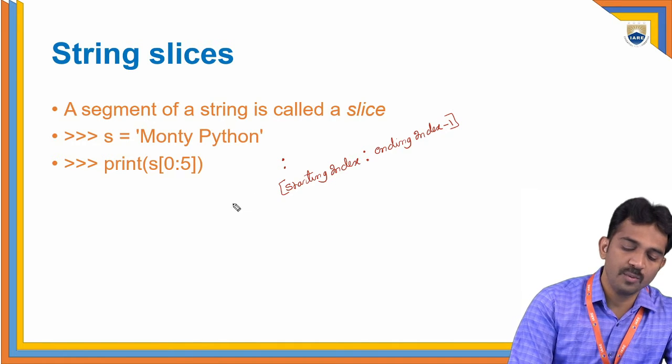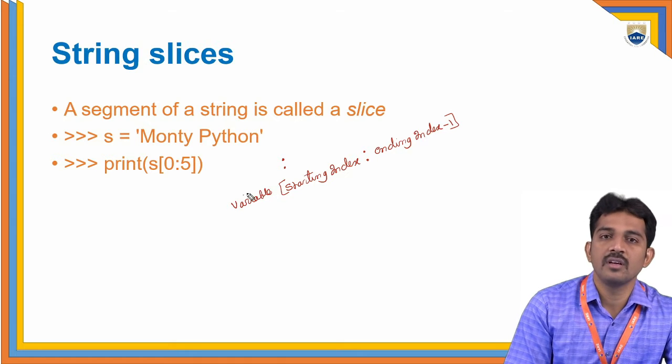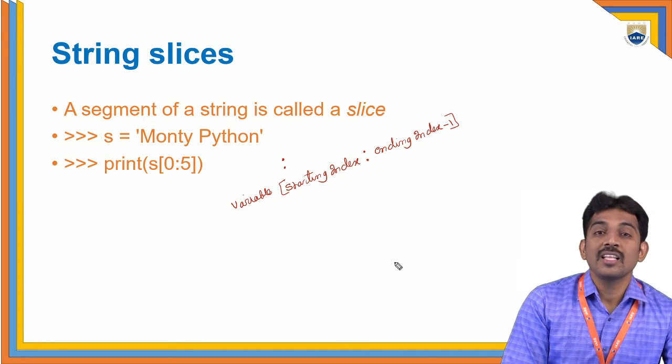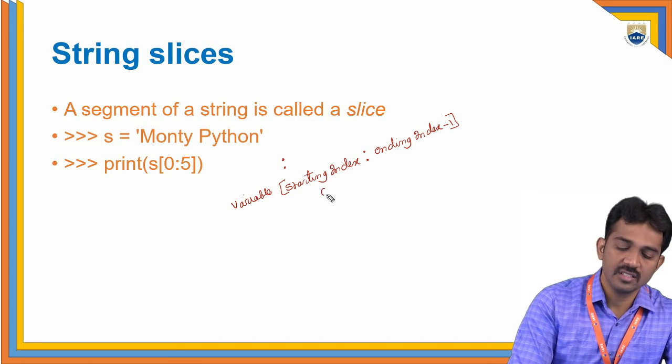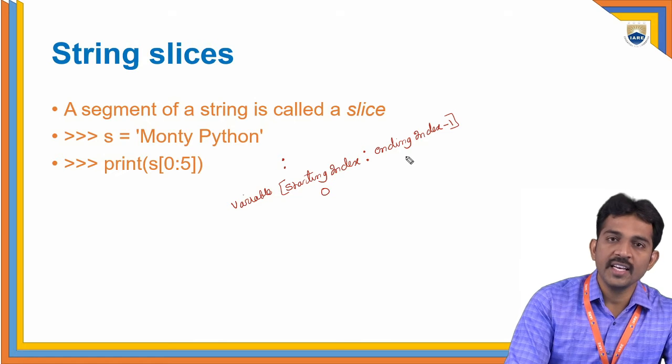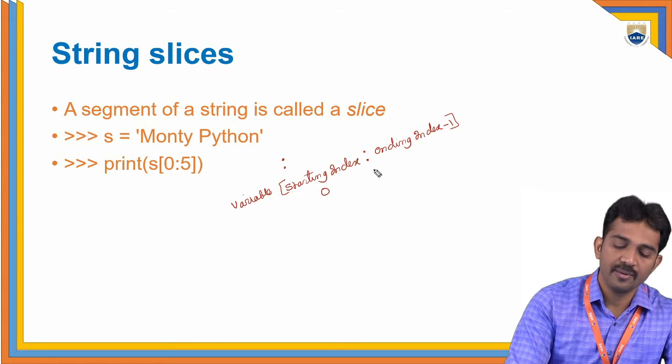If you mention the variable name, now we're going to access the sliced part of the string. What have we mentioned here? 0, right? And the ending index, what is the ending index? 5, minus 1. So the substring is going to form between the 0th and 4th index.